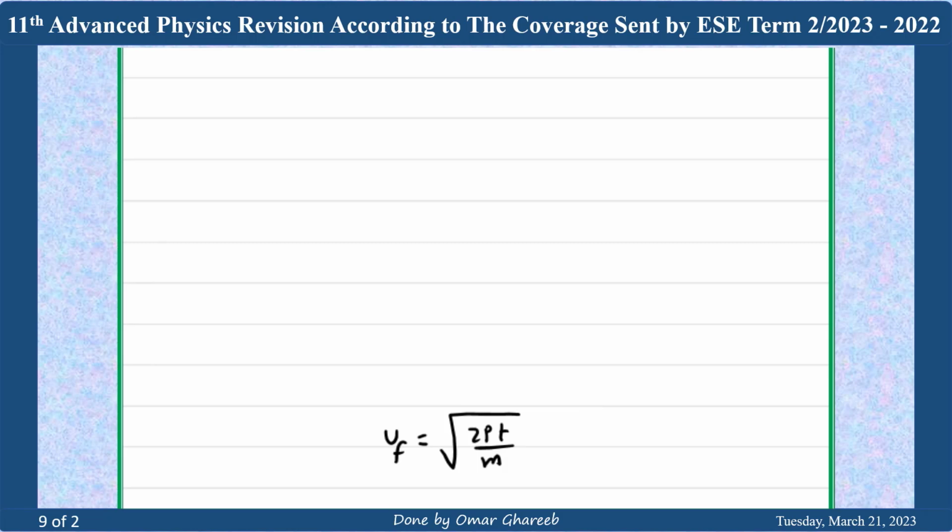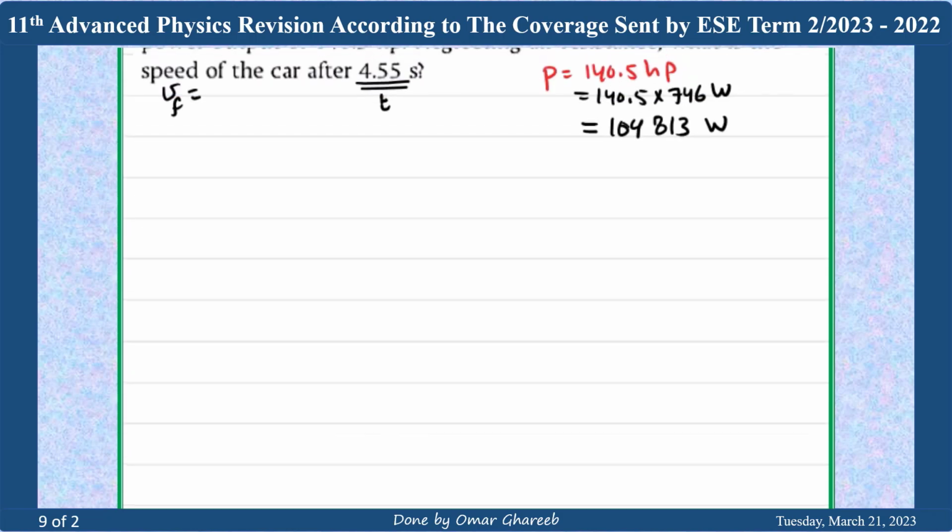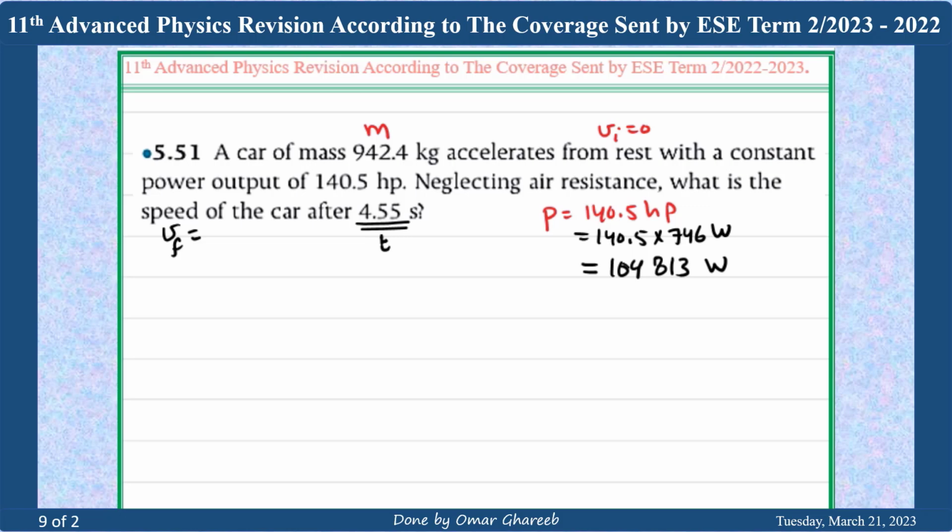2b square root 2bt over M. But I offer the first one to enlarge our thinking and to get some new ideas. The average power is delta E by delta T, as we mentioned earlier.